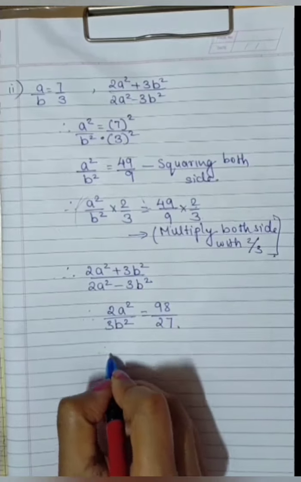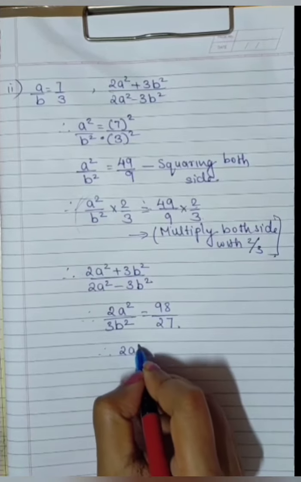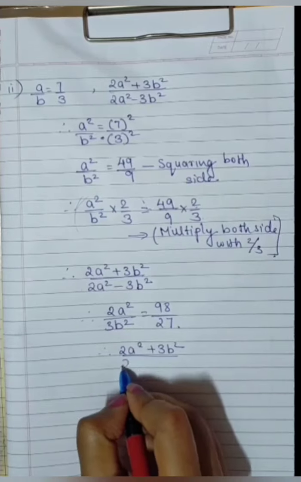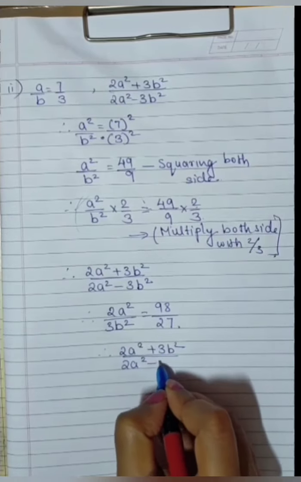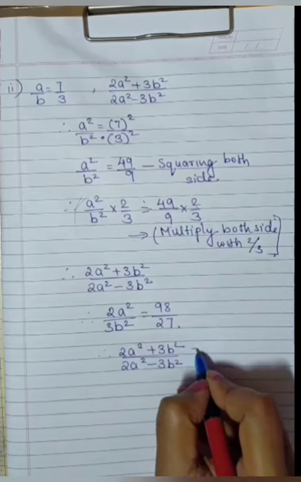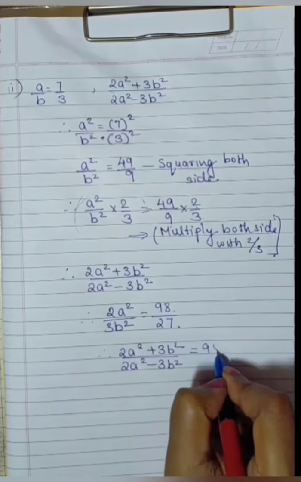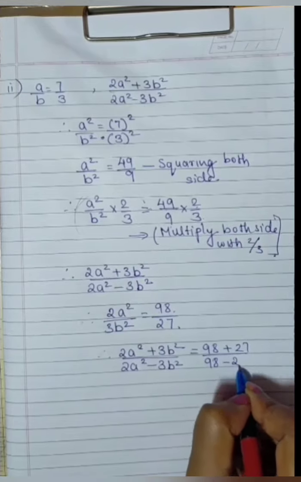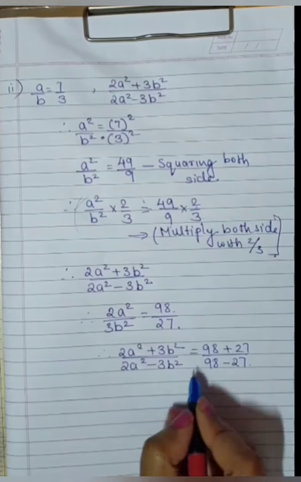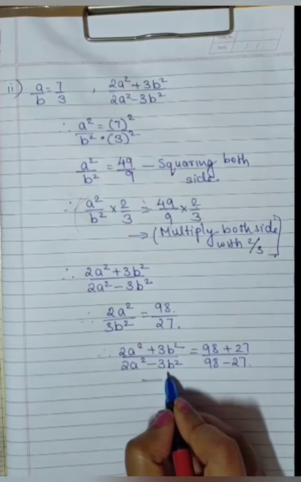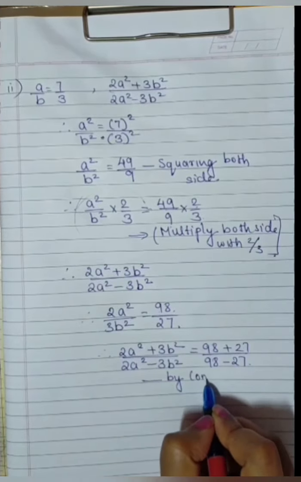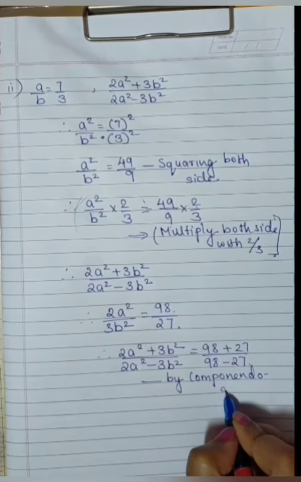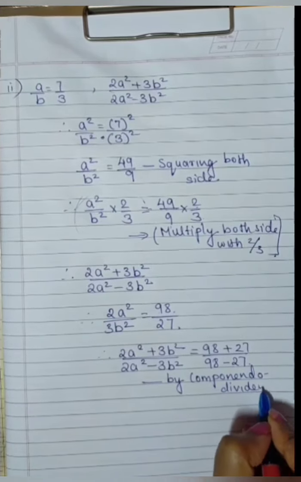Now after this, therefore 2A square plus 3B square upon 2A square minus 3B square is equal to 98 plus 27 upon 98 minus 27. Now after this step we are going to use componendo and dividendo.